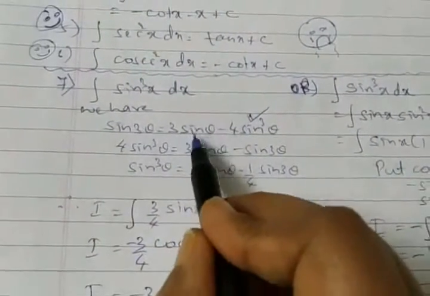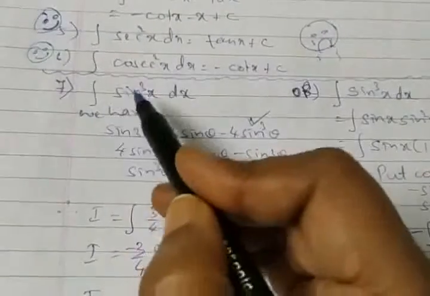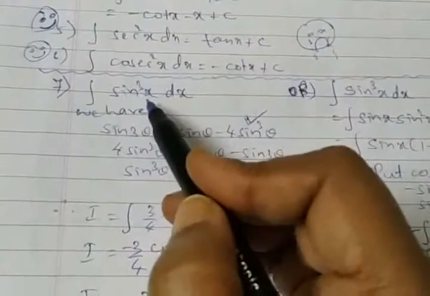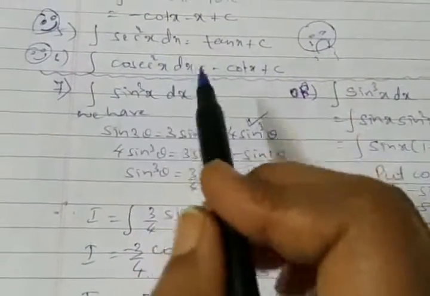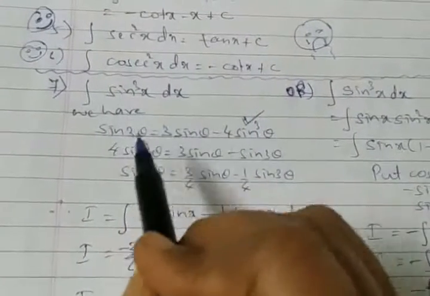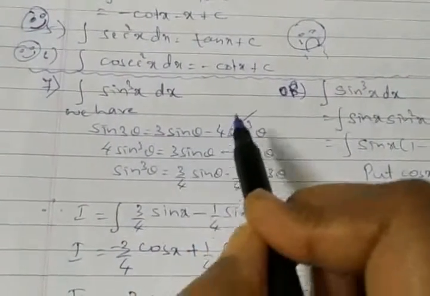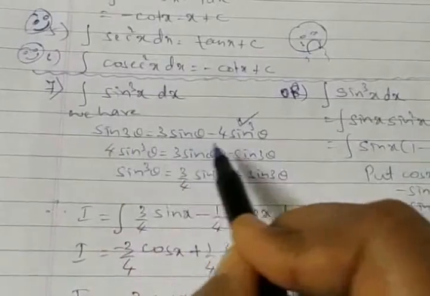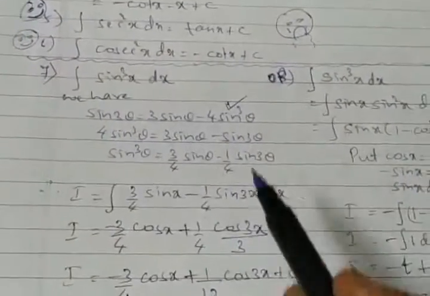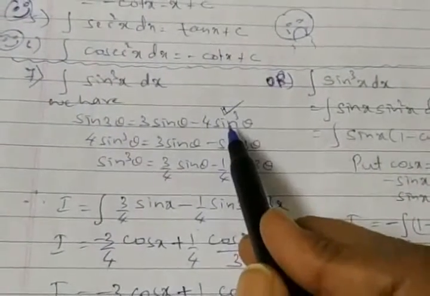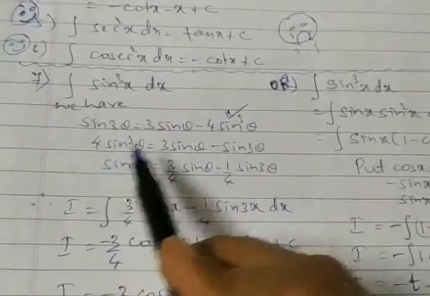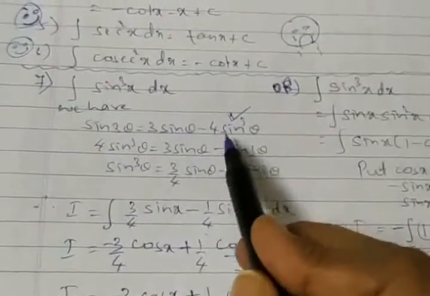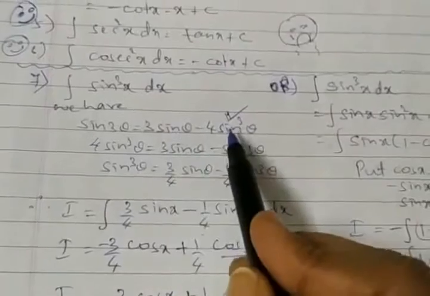So this relation you have to remember. Whenever you see integration of sine cube theta, sine cube x, say we have the formula. Which formula comes to your mind? Sine 3 theta is equal to 3 sine theta minus 4 sine cube theta, remember. Got it? Fine. But after writing this formula, you have to manipulate this relation. You have to express sine cube theta in terms of sine theta and sine 3 theta. So balance it here properly.